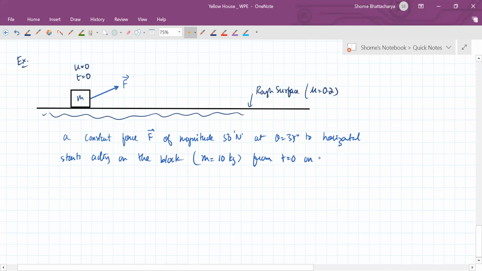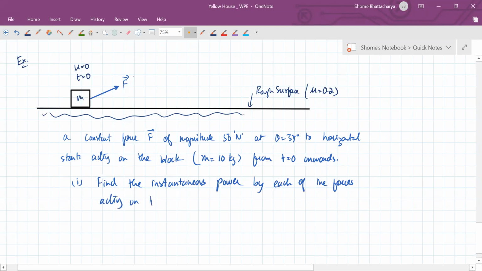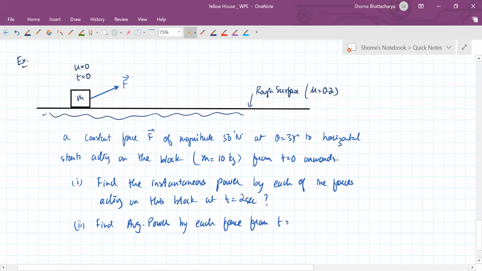From t equal to 0 onwards, find the instantaneous power by each of the forces acting on this block at the instant t equal to 2 seconds, and find the average power by each force from 0 to 2 seconds.